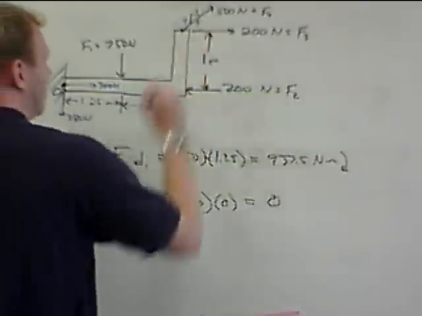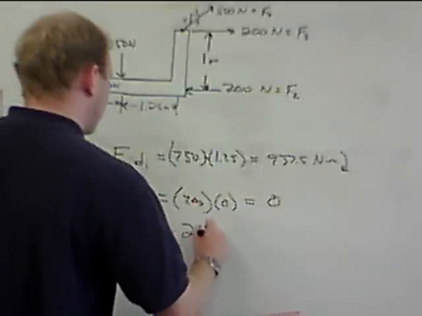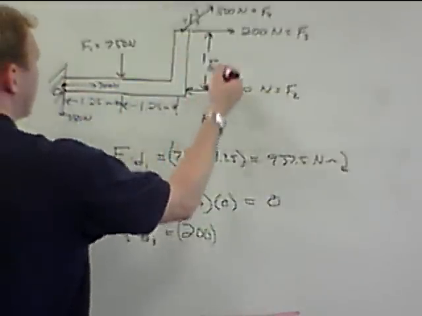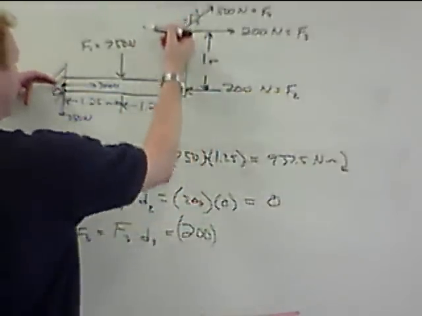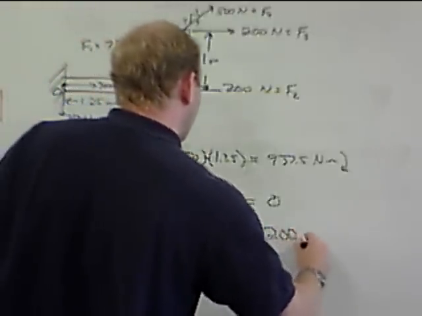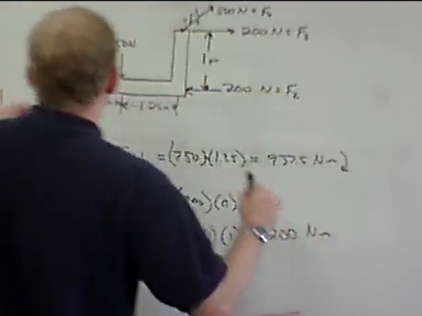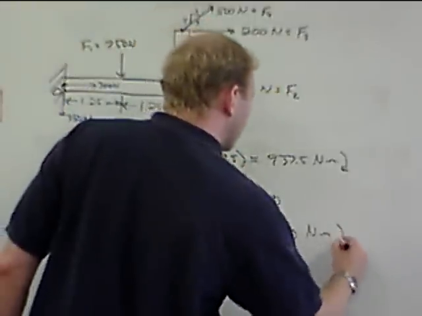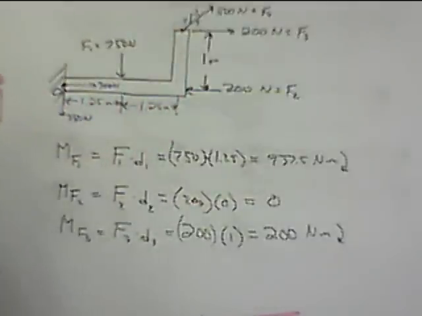Again, force 3 is 200 newtons. This is moving horizontally, so we care about the perpendicular distance of 1 meter. So this is 200 Newton meters, and this is causing rotation clockwise. So we have 2 clockwise moments in this case.